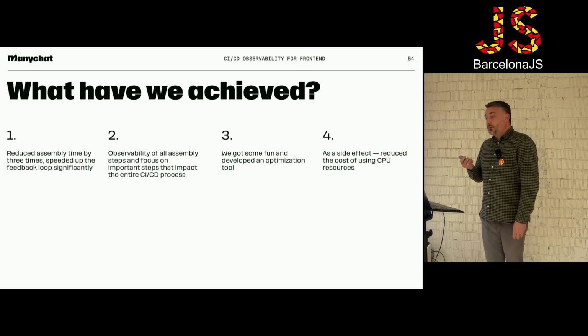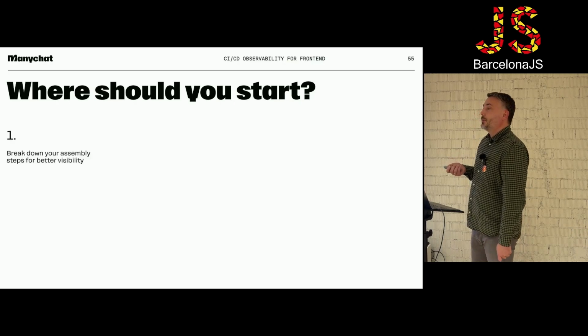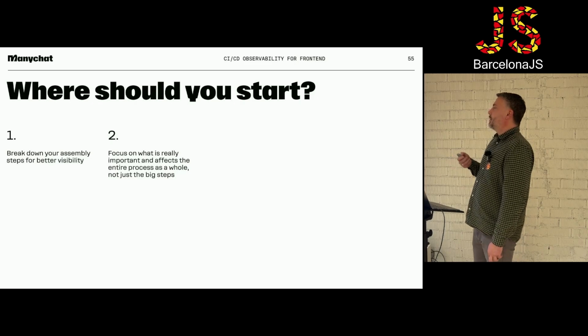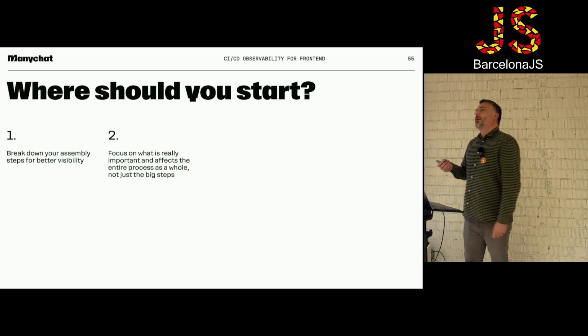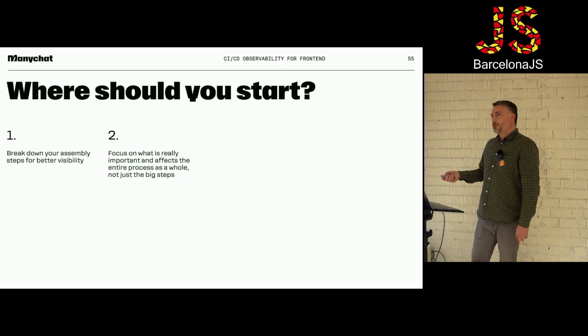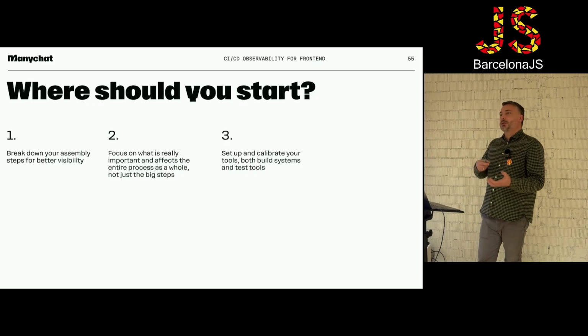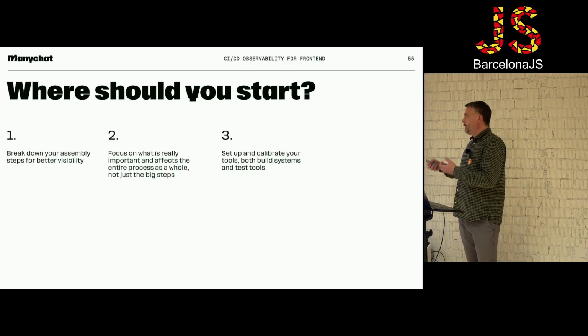And where should you start? The first one, of course, is to separate your steps. The second, you should focus not on the big steps, but on the meaningful steps, which impact your full CI/CD pipeline timeline. And you should set up and collaborate on both build tools and CI/CD infrastructure.